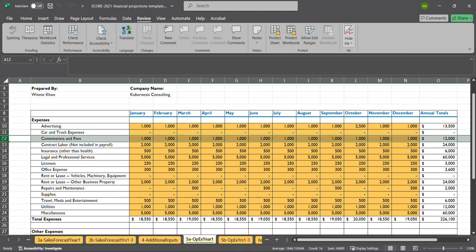Next, we have commissions and fees. This, to me, would be a sales expense. The most common thing I see here are sales commissions, if you are working with a broker.